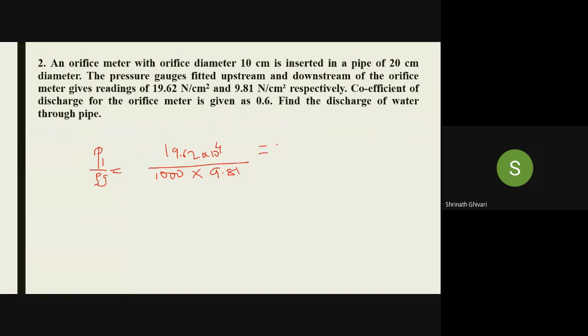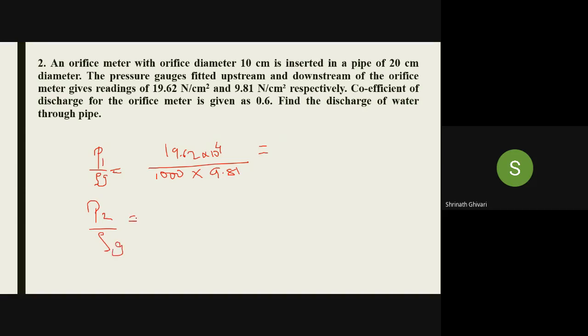Okay. A1 is pi by 4 into 20 square, 314.15. Fine. Now you calculate this P1 by rho G and P2 by rho G.